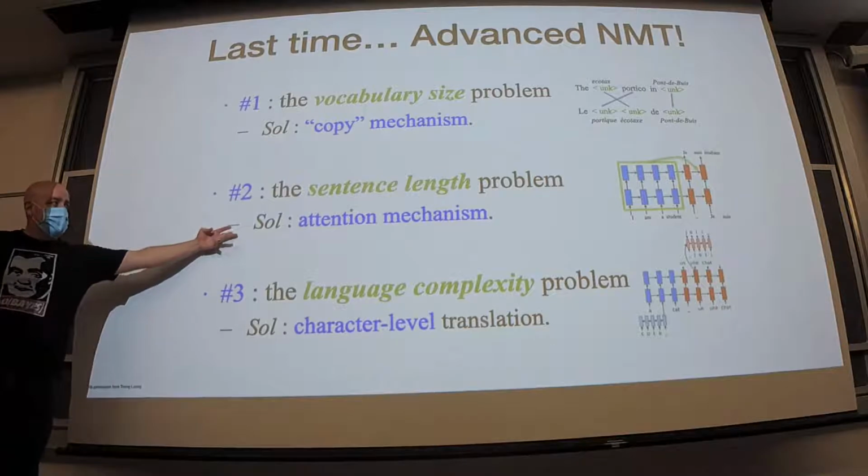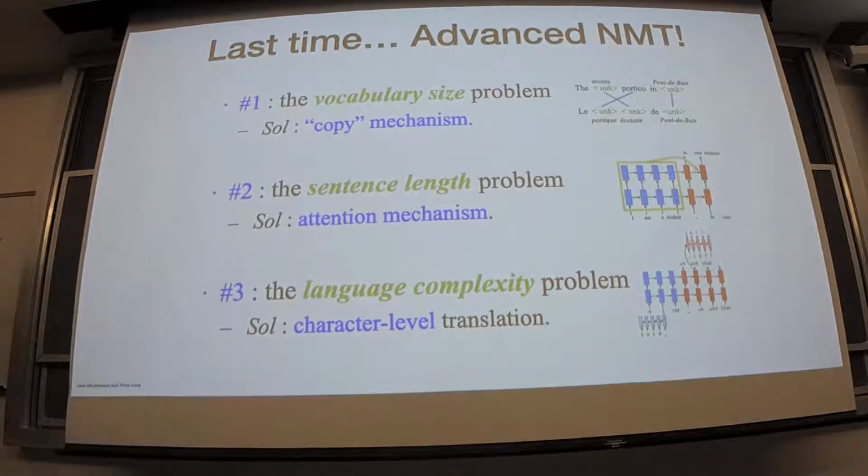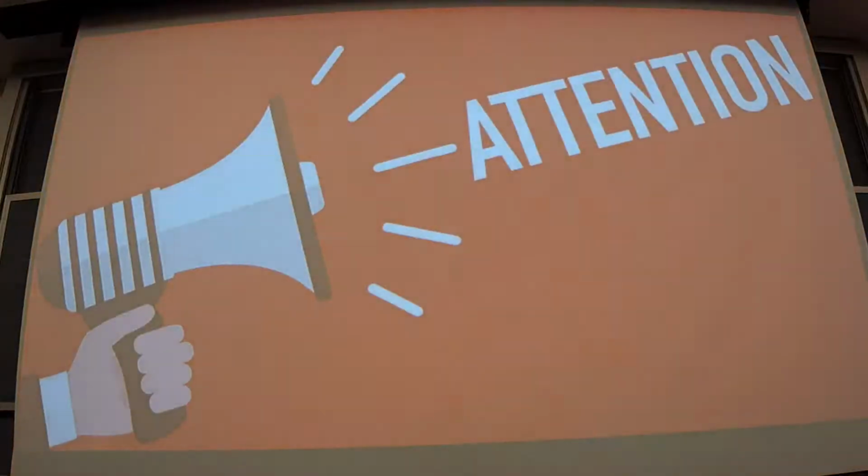And in particular, for dealing with long sentences, learning the statistical interactions between words that are really far apart from each other in a sentence or in a document, this idea of an attention mechanism was introduced.